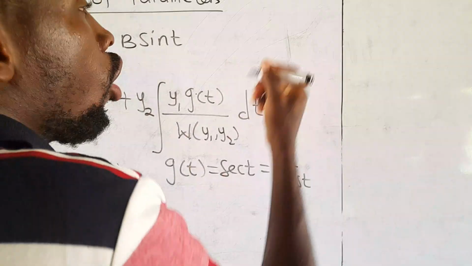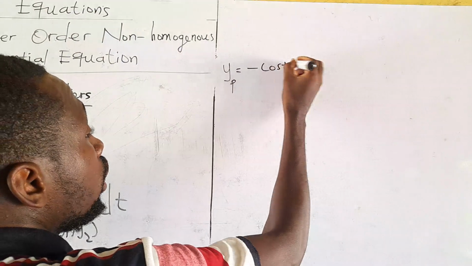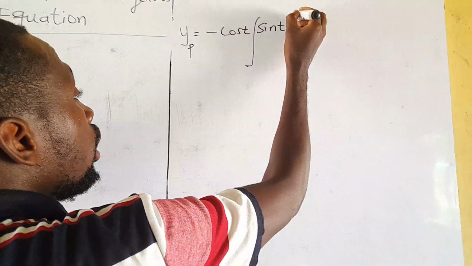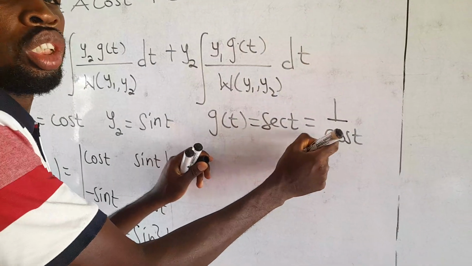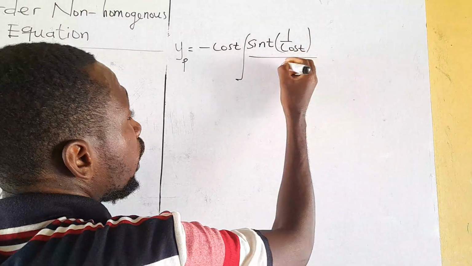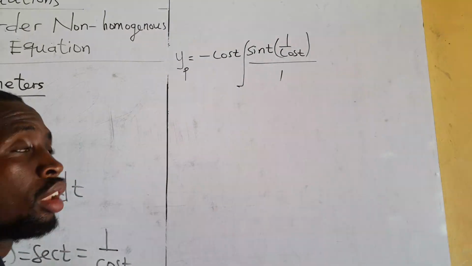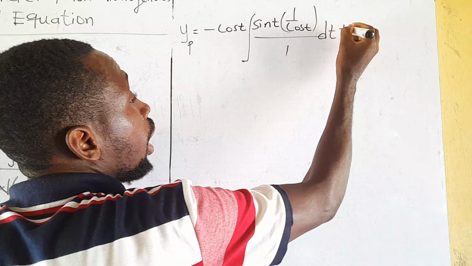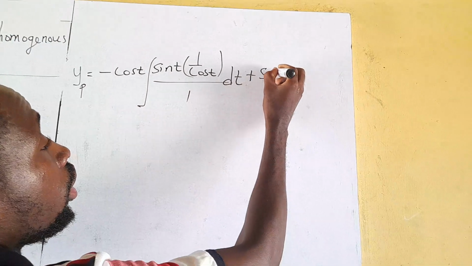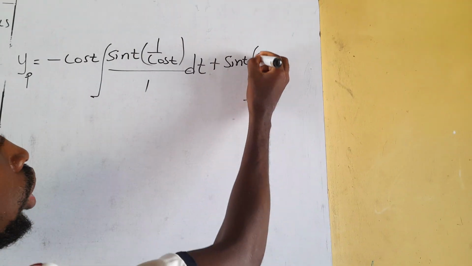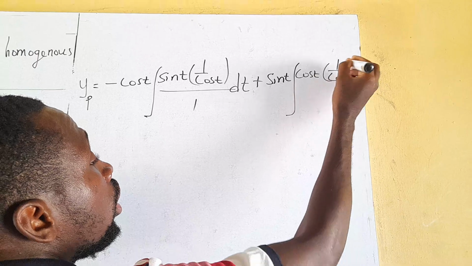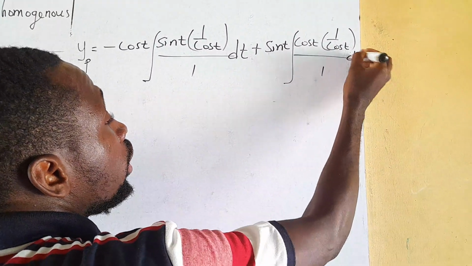So we say our y of p will be negative cos t, the integral of y2, which is sine t, times g of t, and the g of t is 1 over cos t, so 1 over cos t over the Wronskian, which is 1, then dt, then plus our y2, which is sine t, the integral of y1, which is cos t, times g of t, which is 1 over cos t, then all over the Wronskian dt.